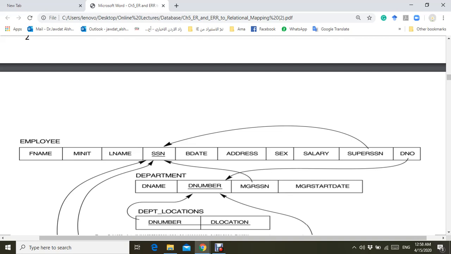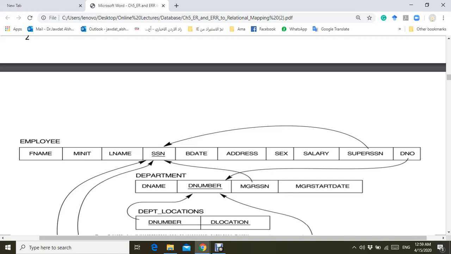Each employee has a supervisor. What's his social security number? It's the same key because he's an employee too, so we put it as a foreign key here. Okay, this is to represent the relationship supervised.